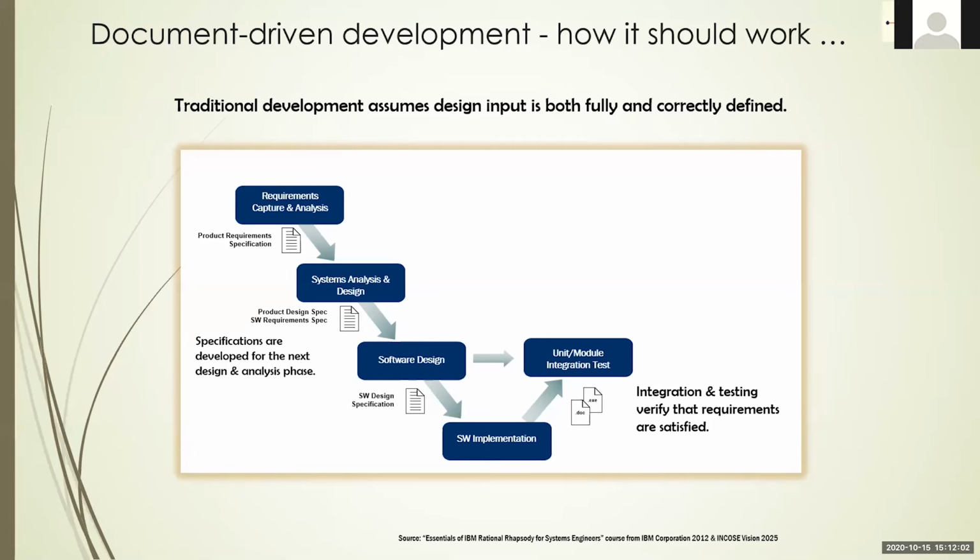Now, can someone tell me whatever you are thinking, whatever you have in your head, how many interfaces or interactions do we need between the door and the frame? Please put it on the chat. Or if you want to talk, you can also share it with all the group.